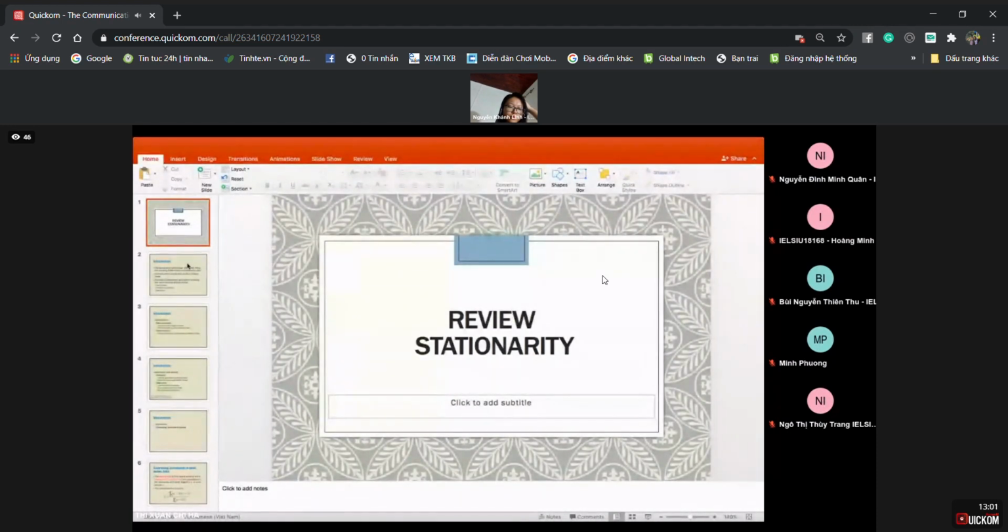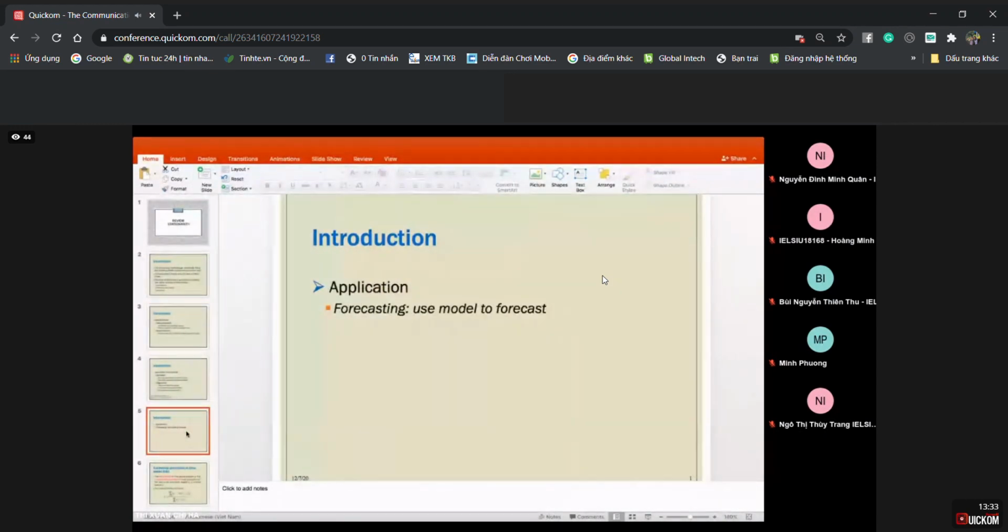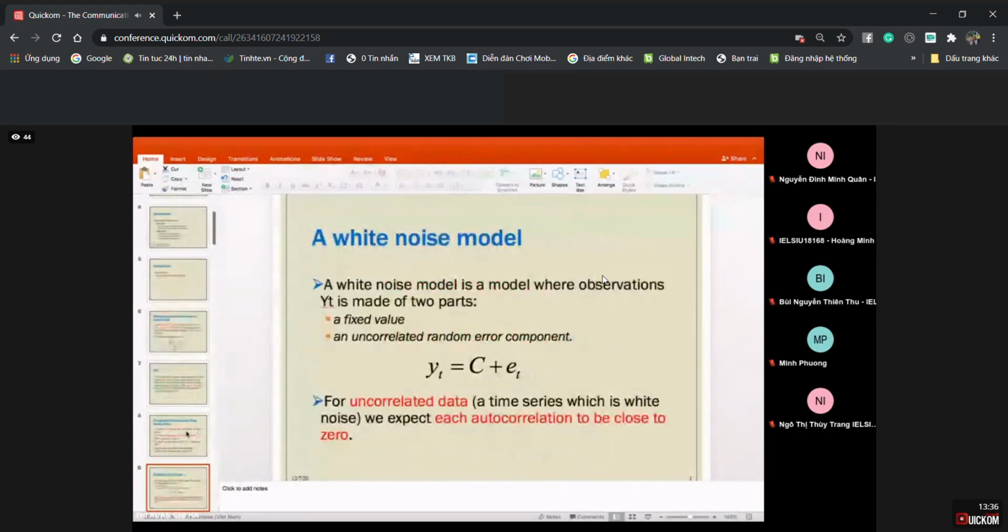So today's lesson, I'm going to review stationarity, because it is related with differencing. I'm afraid you forgot stationarity, so I review it.